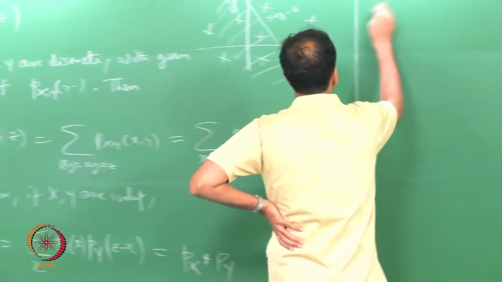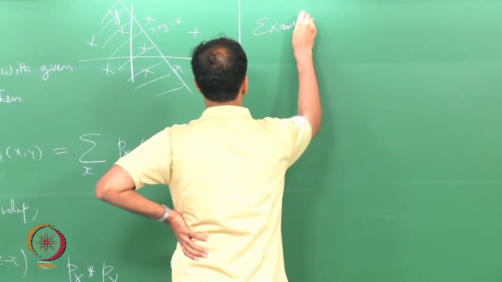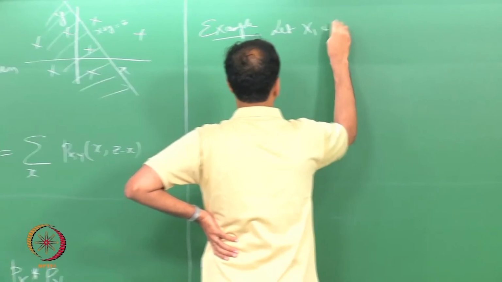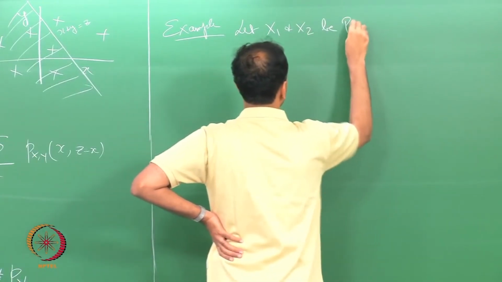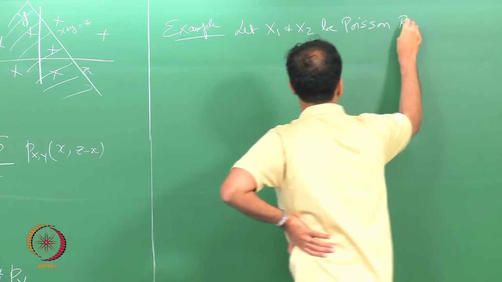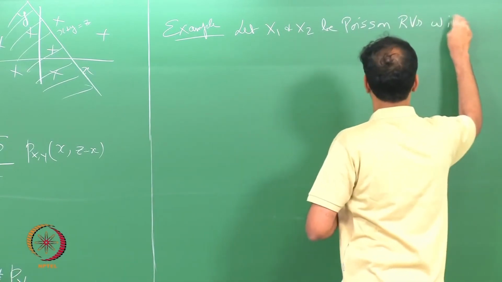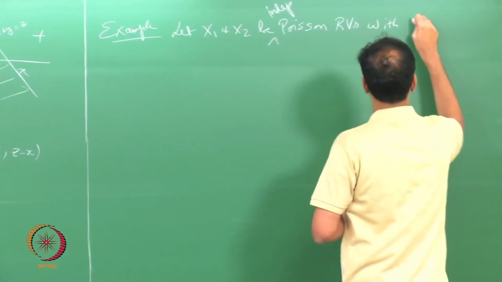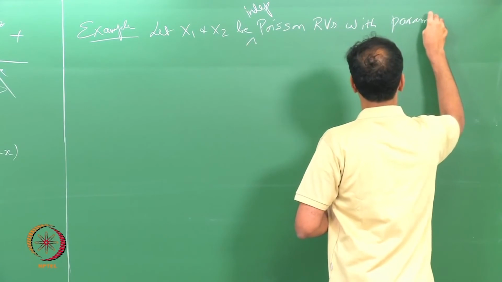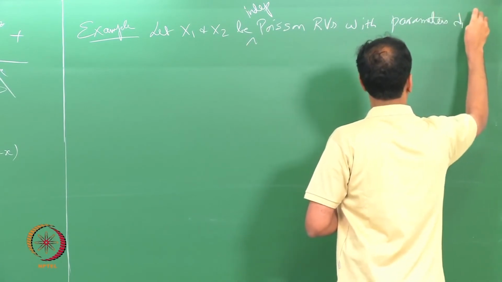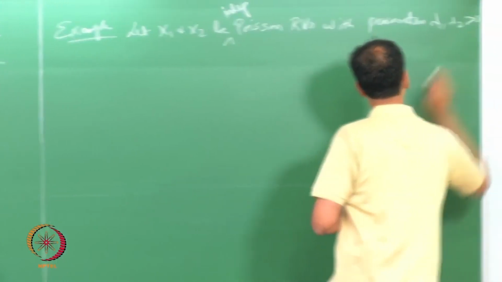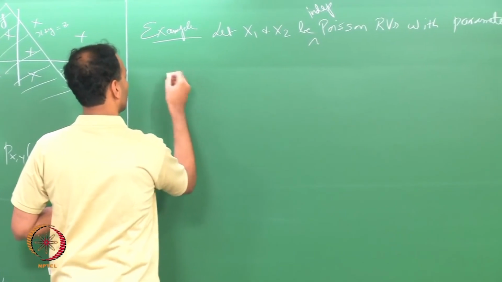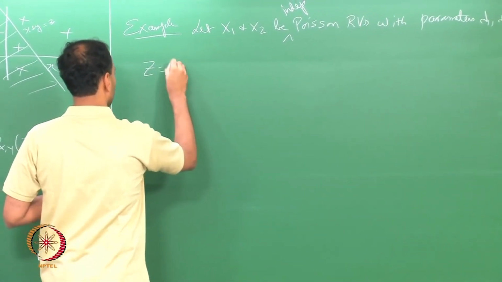Let us do an example. Let x 1 and x 2 be independent Poisson random variables with parameters lambda 1 and lambda 2, and let us say you write z is equal to x 1 plus x 2.